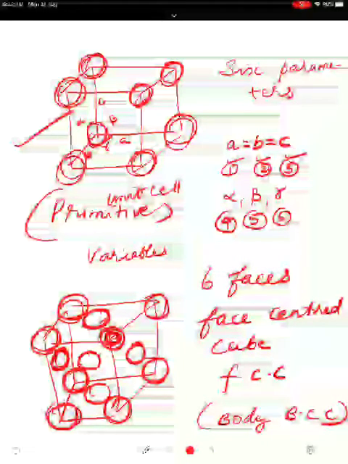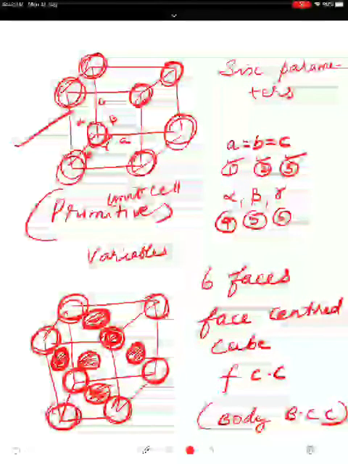Here it is FCC, face centered cube: top face, bottom face center, side face center, left side face center, front face center, back face center.